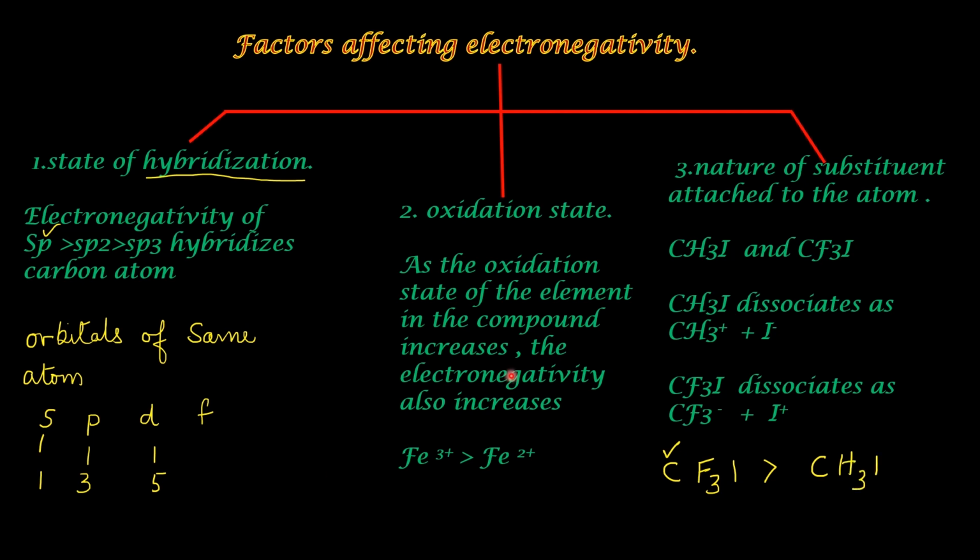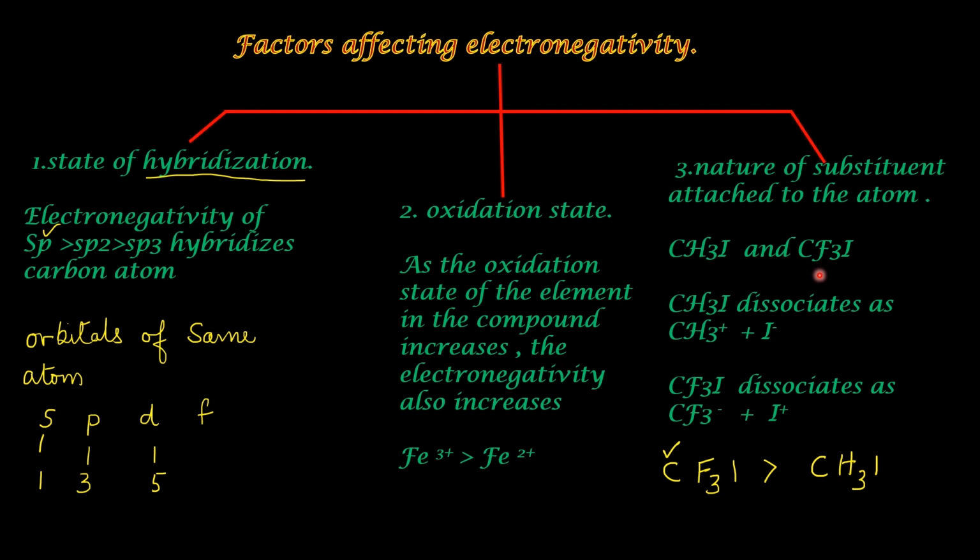In iodomethane, the iodine atom is more electronegative than the hydrogen atom present. That is why iodine acquires a negative charge when iodomethane undergoes dissociation. So iodine has more power to attract electrons than hydrogen in iodomethane. Therefore, the carbon atom in iodomethane is less electronegative. In trifluoroiodomethane, the fluorine atom is more electronegative than iodine.